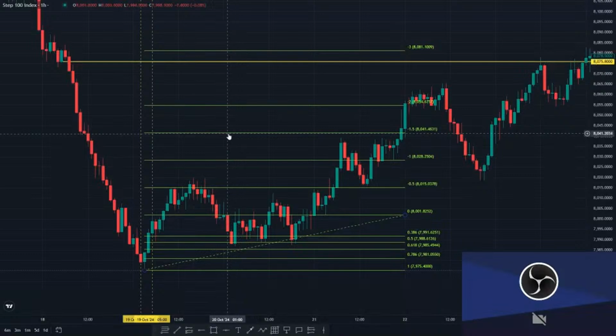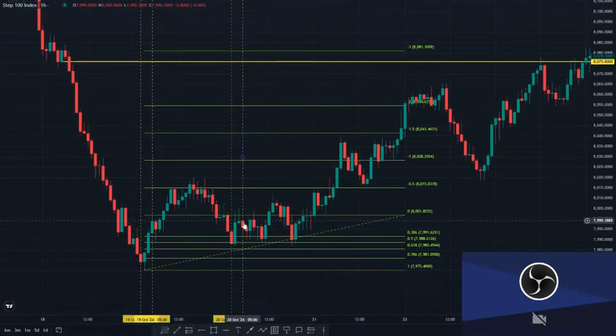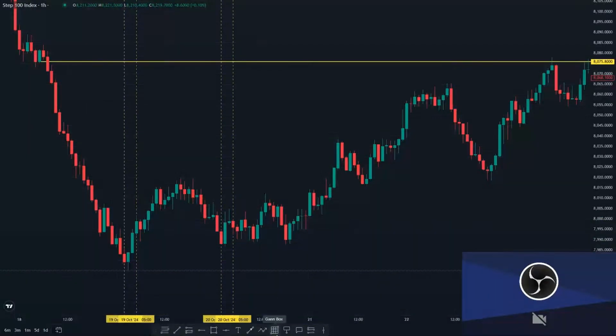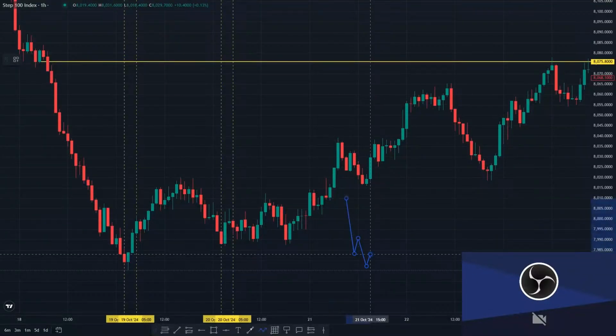Say then the following day in London, that's what I'm looking for. Do I get that chance to enter again? Then in New York, a propulsion block, it'll be moving down and it'll move right now. And then it kind of comes back, will consolidate for a little bit.